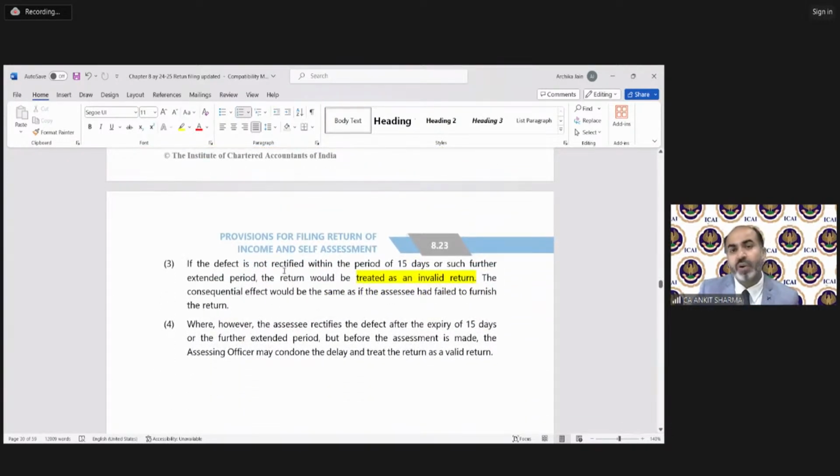If the defect is not rectified within 15 days or the extended time, that will be called an invalid return. The consequential effect would be the same as if the assessee had failed to furnish the return. So it will be assumed that no return has been filed yet.